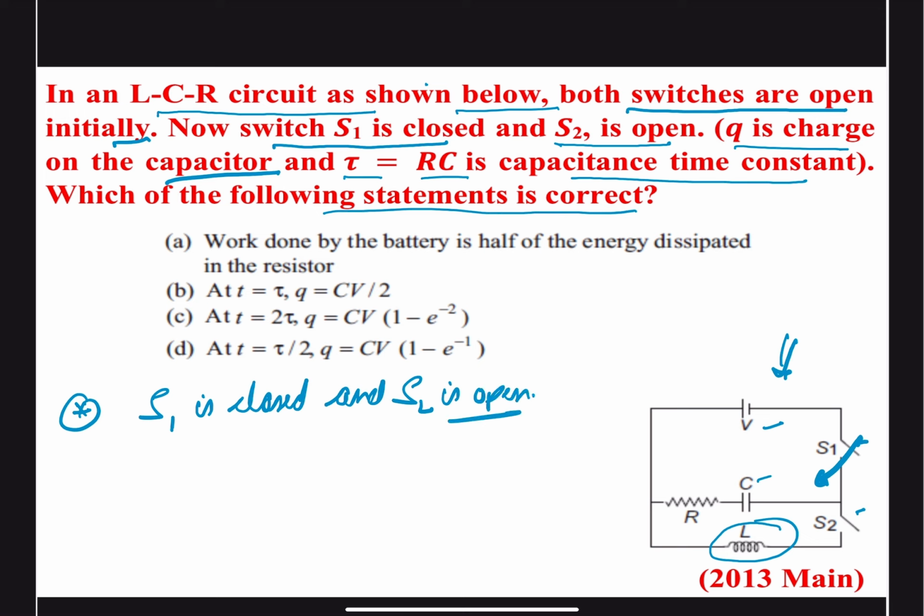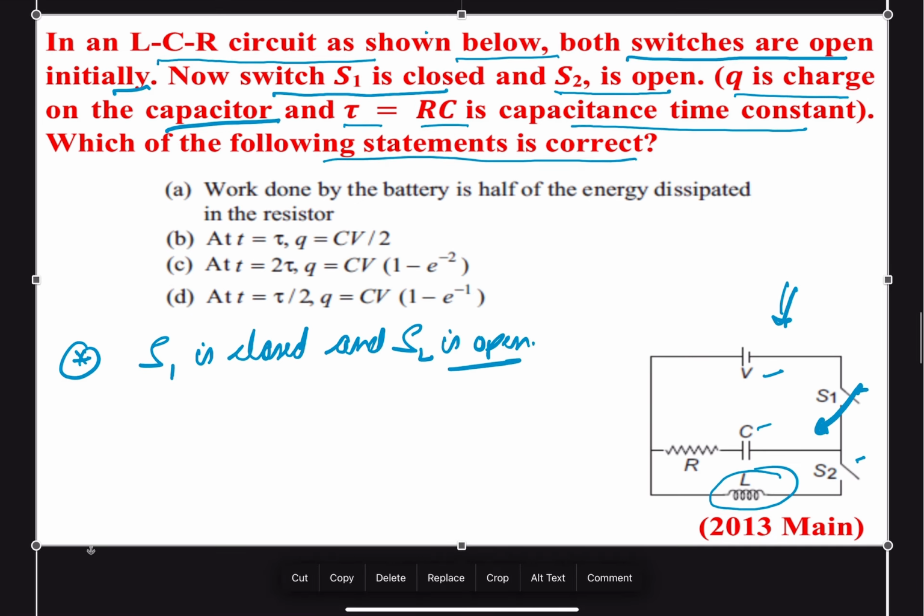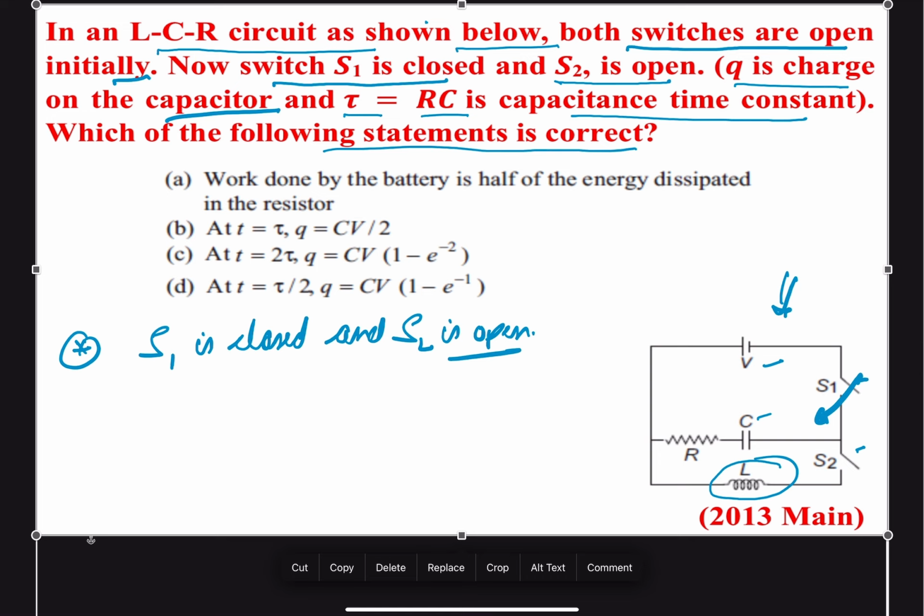So under this condition, we can say that the circuit of R and capacitor C will be in series.